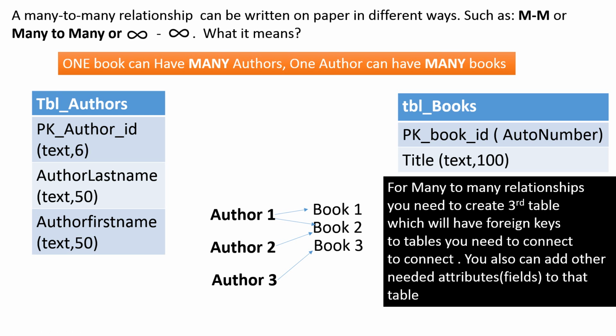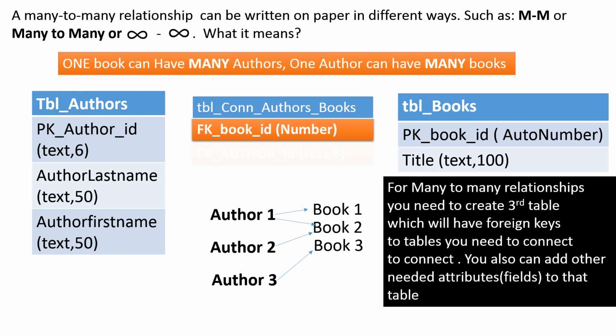So for many-to-many relationship, you need to create a 3rd table, which will have foreign keys to the tables you need to connect. You also can add other needed attribute fields to that table. So for example, we create a foreign key for table authors, which must be exactly as the primary key for table authors, and we create a foreign key to table books.